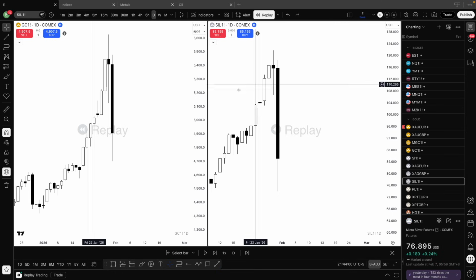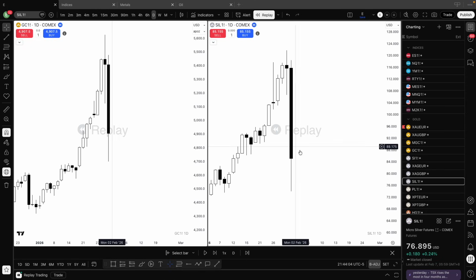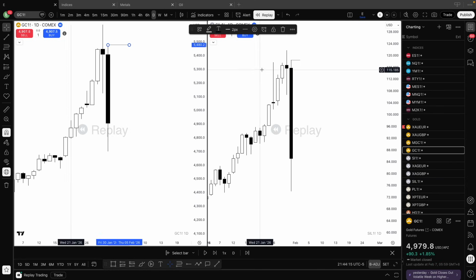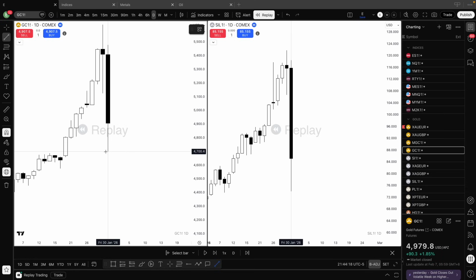When you look at where we are opening up right here, what can you target? Obviously, you cannot expect it to target this high or this high simply because it is just too far away. So the very logical, relevant and realistic target that you have is previous day's low.